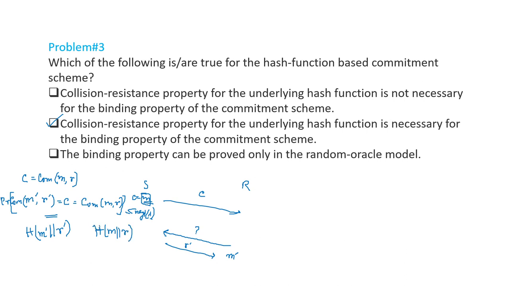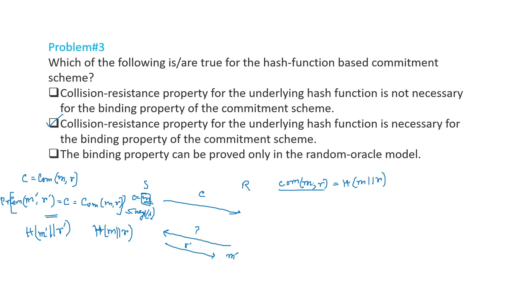Let's say a commitment scheme is defined in this manner: commitment of M with randomness R is defined as hash of M concatenated with R.